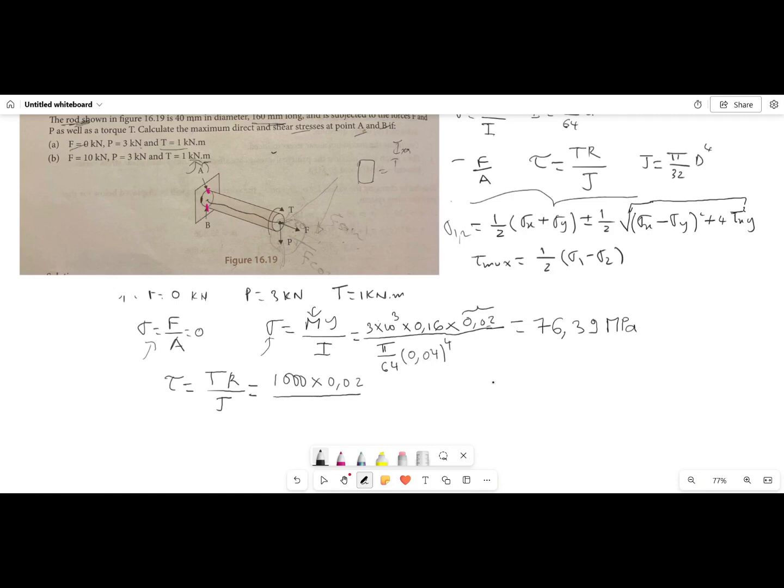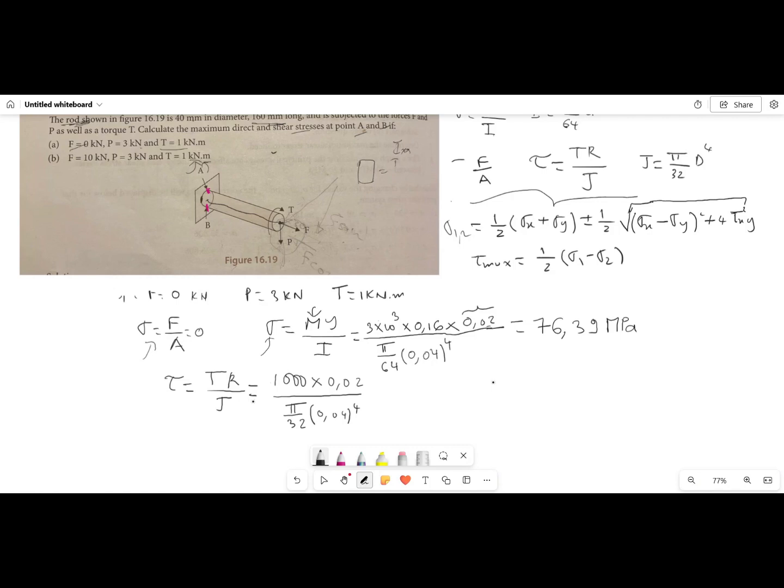J is the polar moment of inertia, pi over 32 multiplied by d to the power 4. What is d here? 0.04.